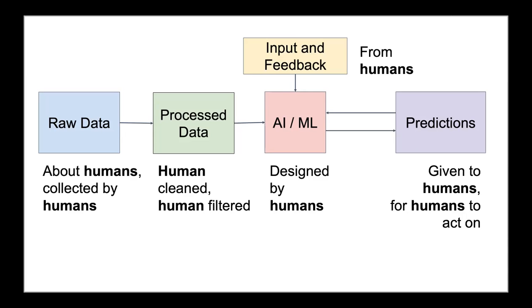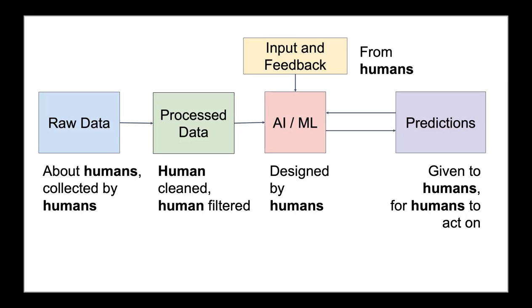It's probably about humans. Certainly the processing was done by a data scientist. The model we choose was an algorithm designed by humans. The input and feedback is coming from humans, and the predictions are things that we're giving to humans that humans can act on.